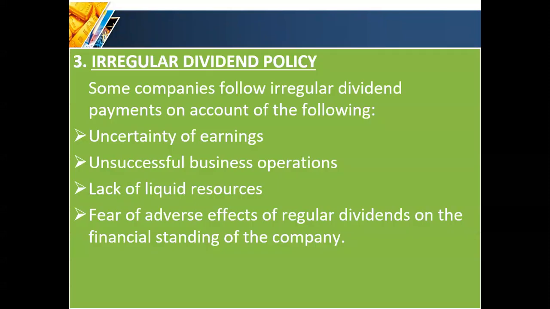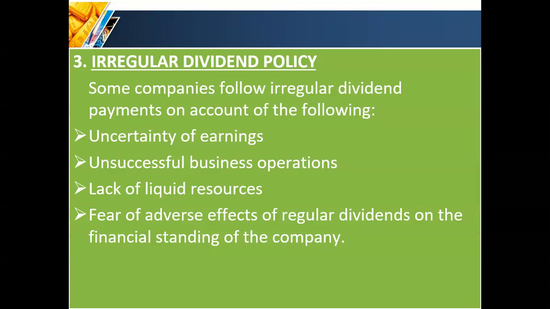Then, the third one is the irregular dividend policy. As the name itself indicates, under an irregular dividend policy a company does not pay dividends to the shareholders on a regular basis because of certain reasons. Some of the reasons may be as follows: annual revenue generated by the company may be unpredictable.